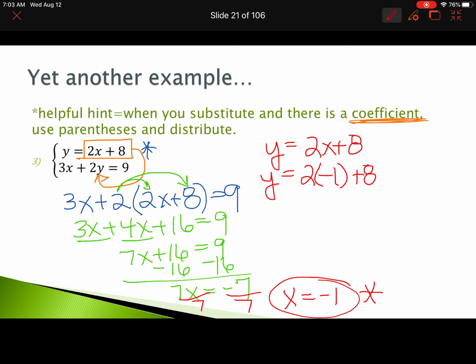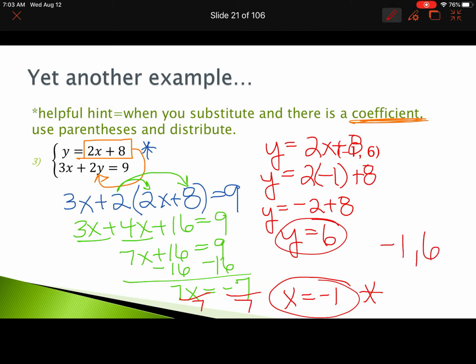Make sure that you bring that negative up. Okay, I'm going to solve this for us. 2 times negative 1 is negative 2. The value of y should be 6. Okay, to write it as an ordered pair, we would write it as negative 1, 6.